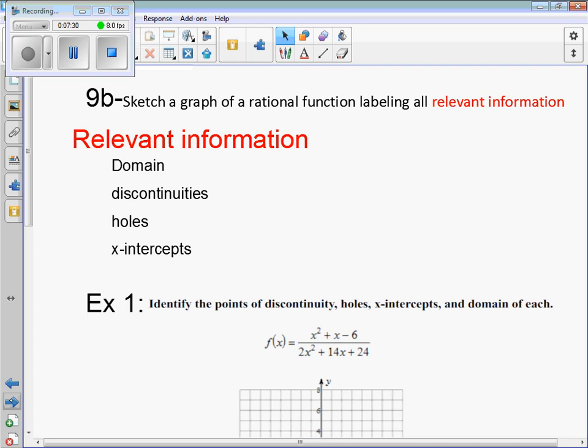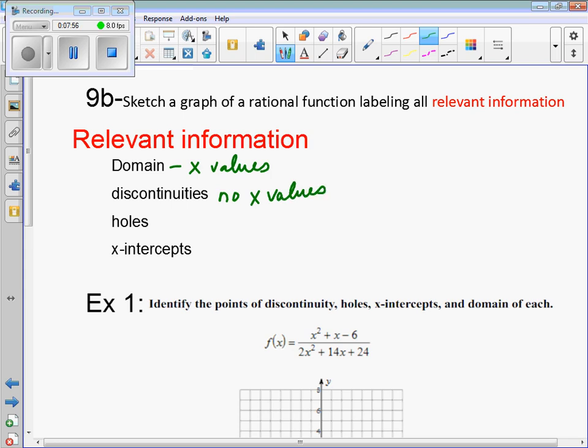For 9b, we have to sketch a graph of the rational function, labeling all relevant information. Relevant information are domain and discontinuities. Domain is all the x values, which we've done earlier this year. Discontinuities are where there will not be x values in the graph.